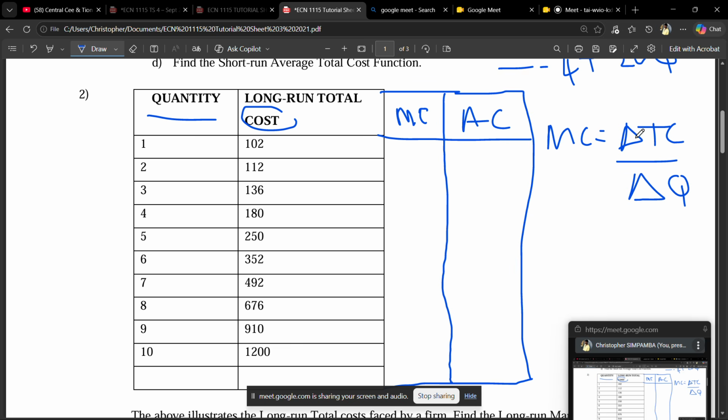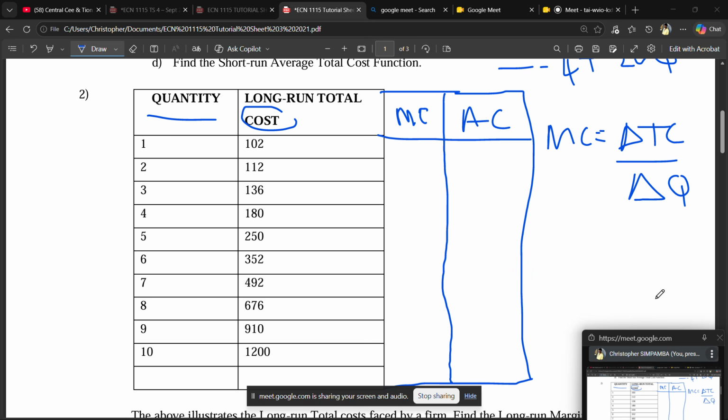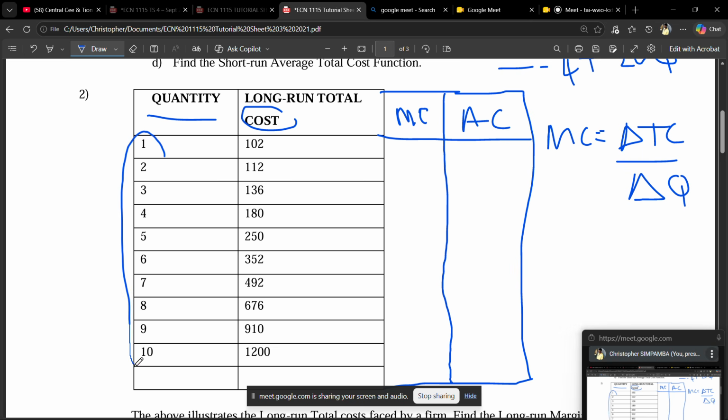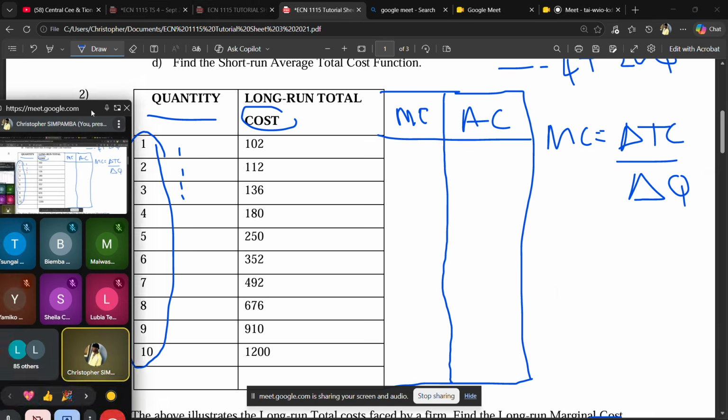This basically comes to dy dx when we're differentiating the function. Don't get confused, it's the same thing, but that is a function and this is a box. So we take the change in total cost and divide by the change in quantity. Most of the time the changes in quantity are 1, 1, 1, 1, so whatever number you find for the change in total cost is the marginal cost there, right?